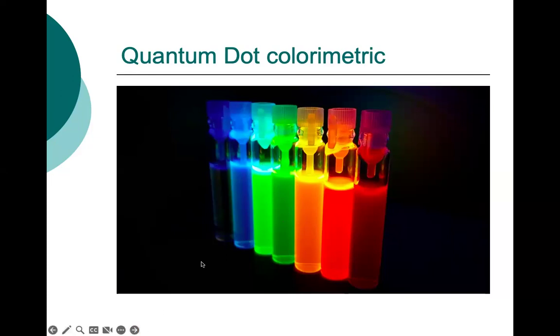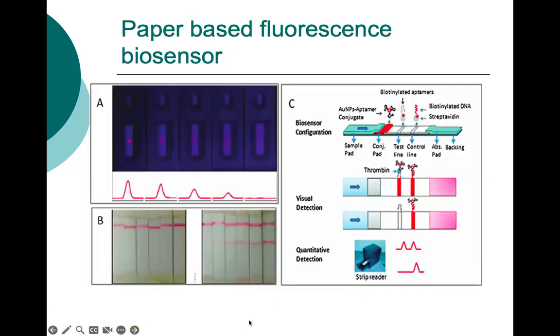So this is another aspect of optical sensors where we can use multiple or different kinds of nanomaterial to help us produce colors. Just now we have gold nanoparticles, which is quite common, and we also have quantum dots. This is one example of nanomaterial that can produce colors, but under a fluorescent lamp.